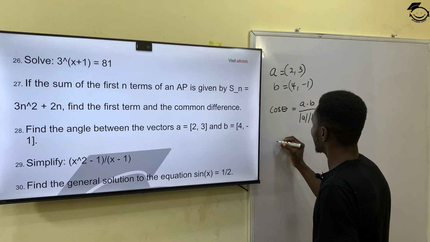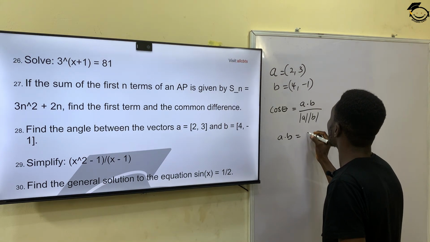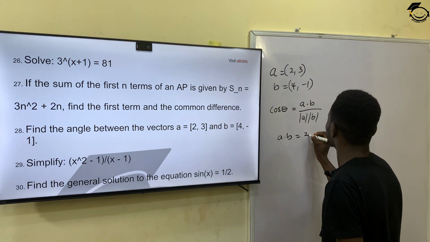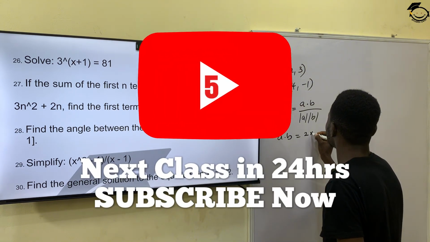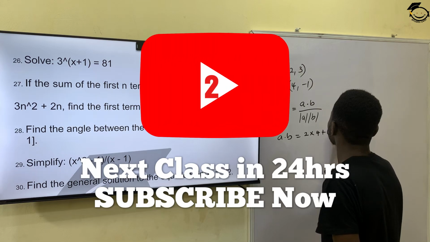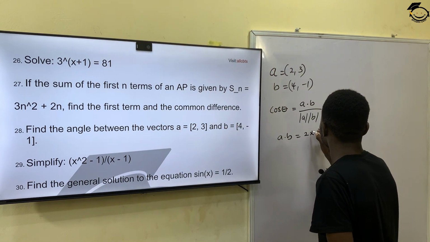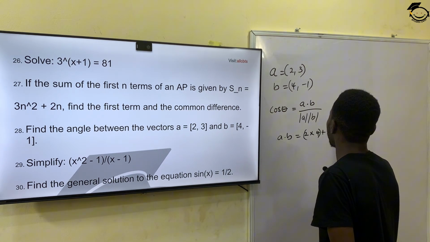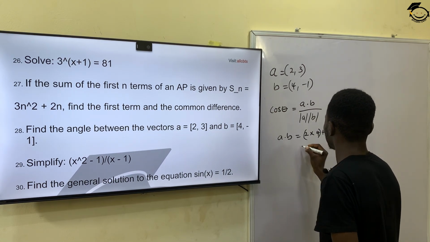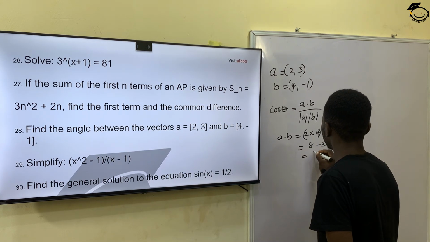My A dot B is A times B. I'm supposed to be having 2 times 4 plus 3 times minus 1. So that will give me 8 minus 3, and that will give me 5.